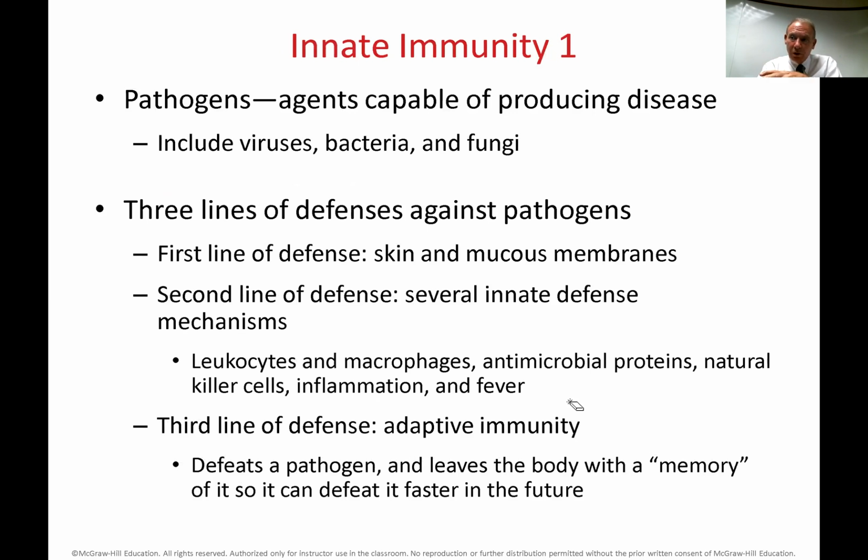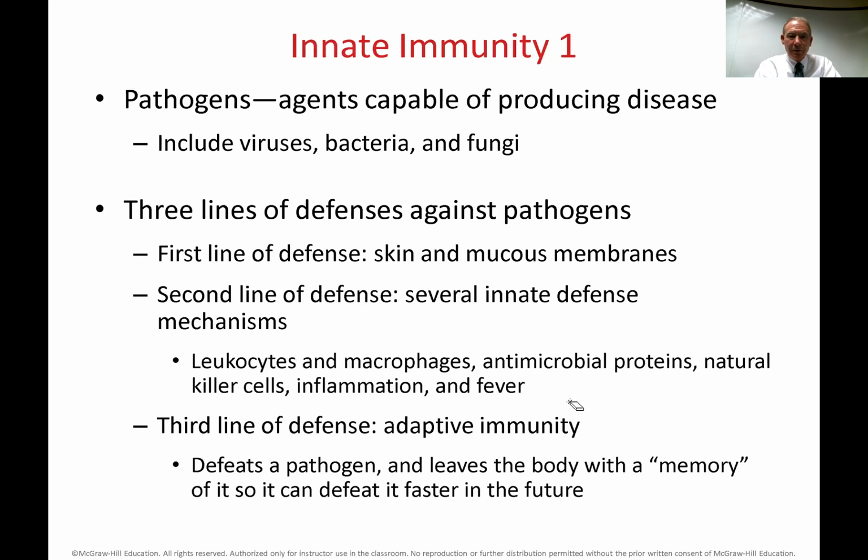These proteins are called antibodies. And we have natural killer cells. We have fever. Fever helps to kill a lot of microorganisms as well. There's a reason we have a fever. And then the third line of defense is adaptive immunity.